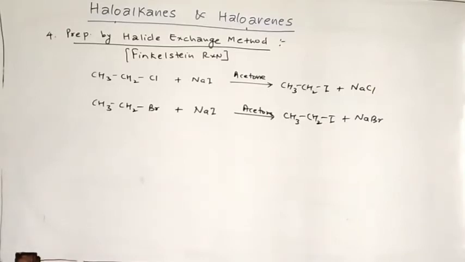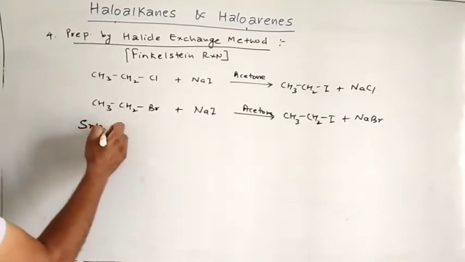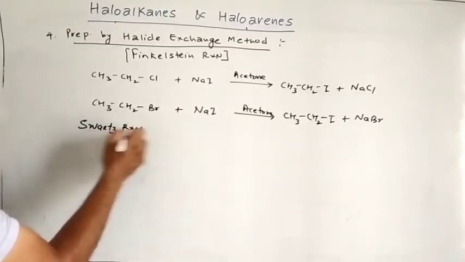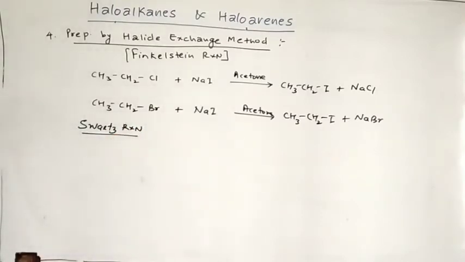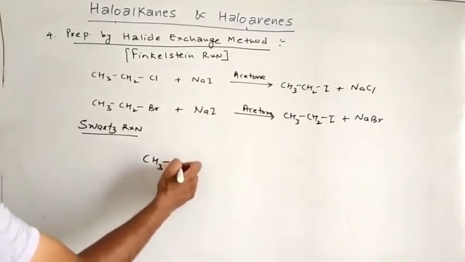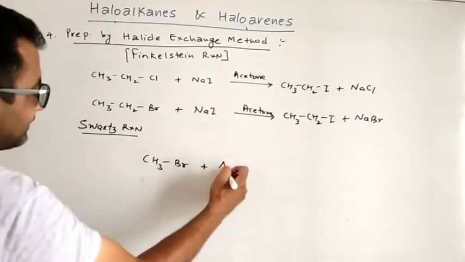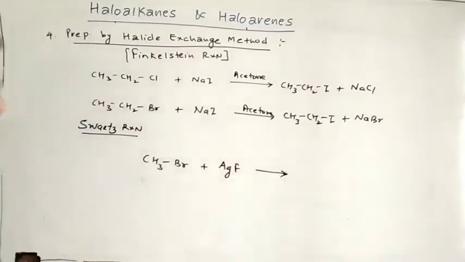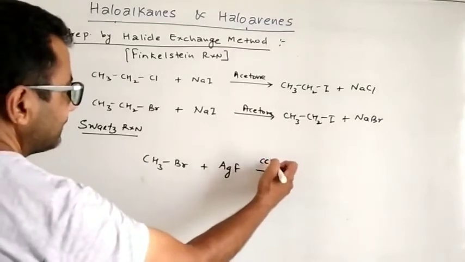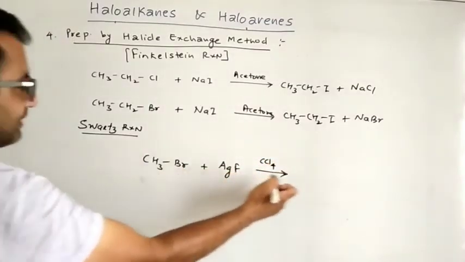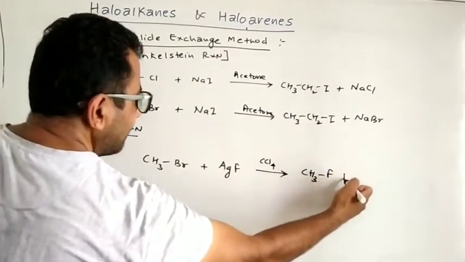Okay. Next, there is one more reaction that's also called halide exchange, and that's the Swarts reaction. That also comes under the category of halide exchange. In the Swarts reaction, if we have a methyl bromide and we add some fluorinating agent, AgF, reflux in the presence of CCl4, a non-polar solvent, this bromine gets replaced by fluorine.